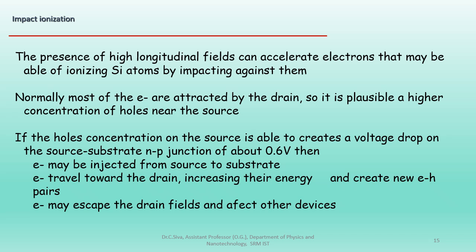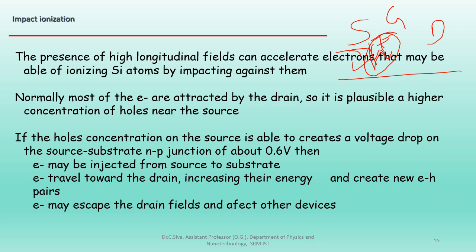Holes accumulate near the source. Consider source, gate and drain. Holes get accumulated near the source, which causes the forward bias of the source substrate junction.